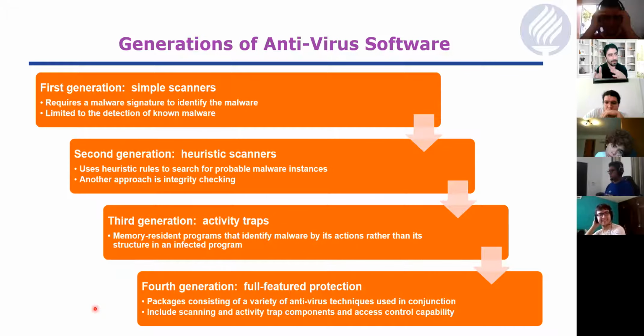Talking about antiviruses, which is the first thing that comes to our minds when talking about preventing against malware, they have changed a lot during the last decades. The first generation of antiviruses were simple scanners, and they required a malware signature to identify the malware.